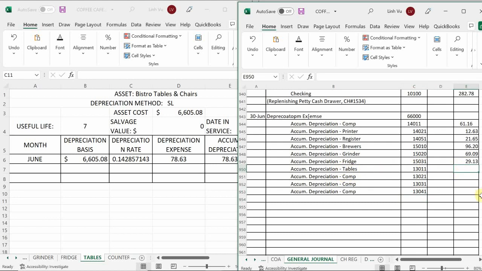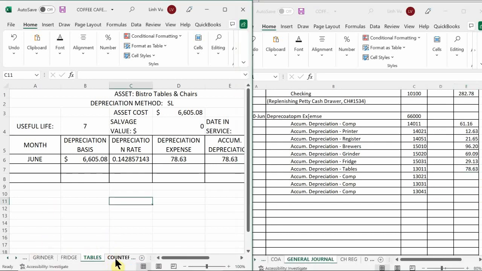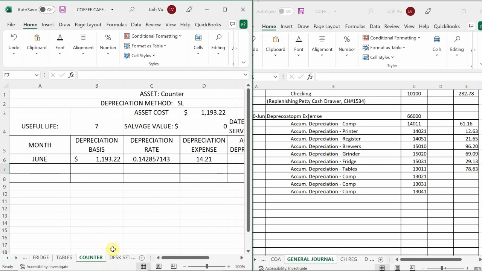My tables is going to be for $78.63. Let's see what's next. My counter is going to be for $14.21.